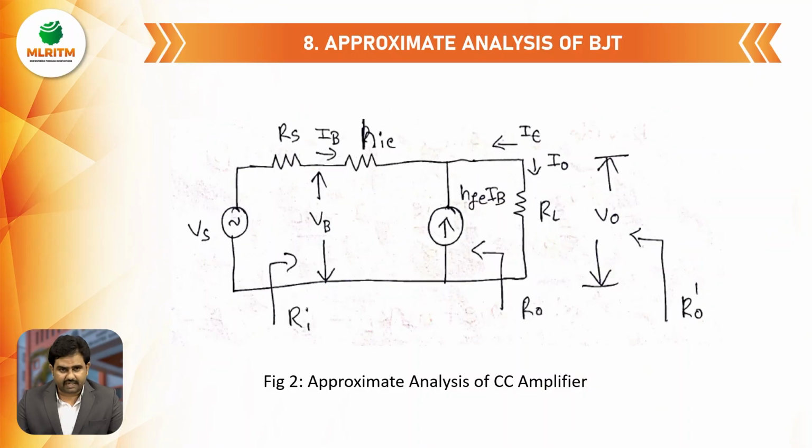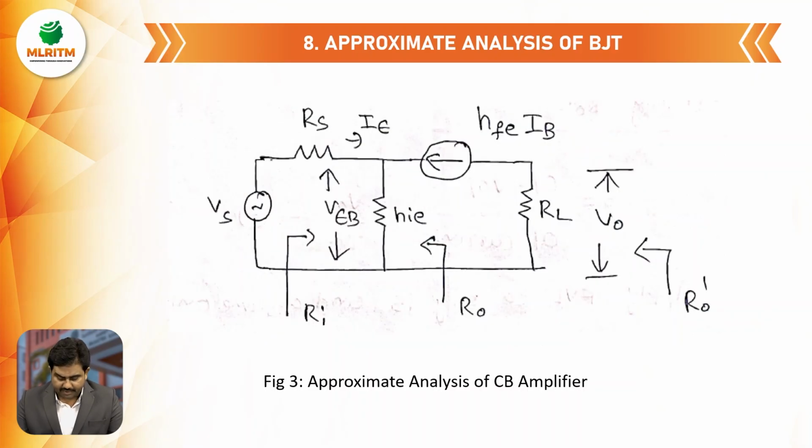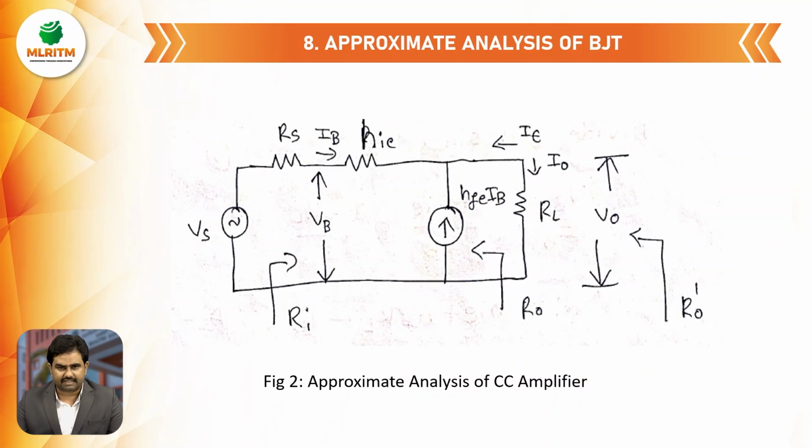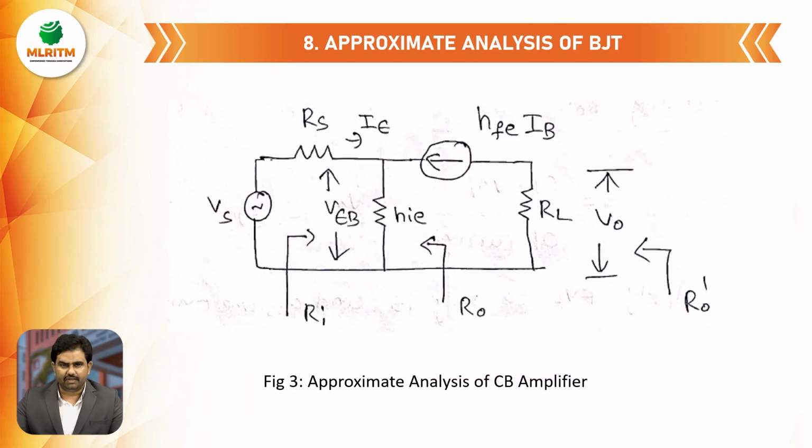And the second figure represents the approximate analysis of CC amplifier, and this figure represents the approximate analysis of CB amplifier. Where do we use these? We will use them for the analysis of two-stage RC coupled amplifiers.